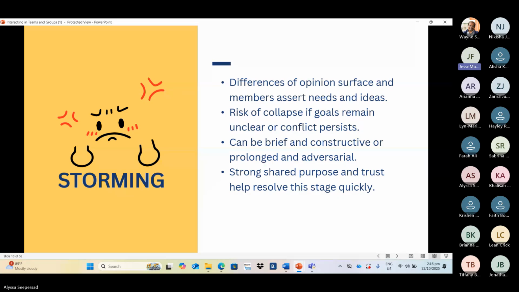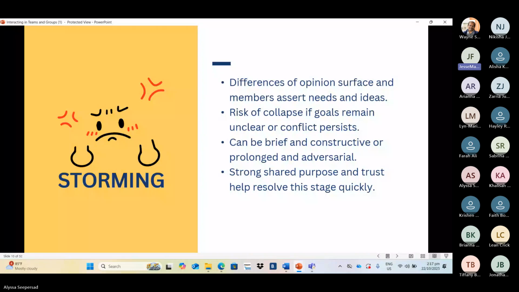Some strategies to help resolve the stage quickly would be to understand the group's purposes as well as to identify personal differences, reestablish roles, as well as conflict resolution to help improve trust between members.